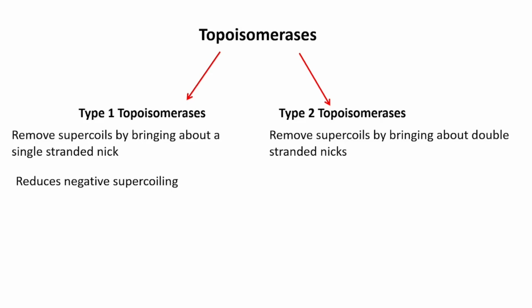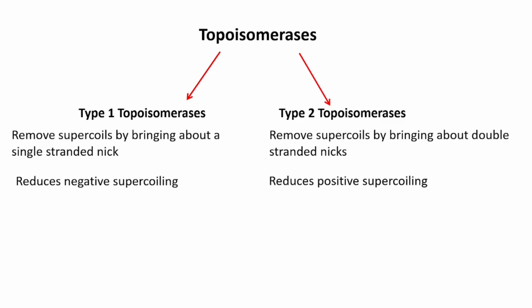Obviously, the nicks created by these enzymes do not allow free rotation in either direction. But DNA gyrase, which belongs to class 2, pumps negative supercoils into closed circular DNA molecules and therefore reduces positive supercoiling. Hence, it can operate as a swivel.